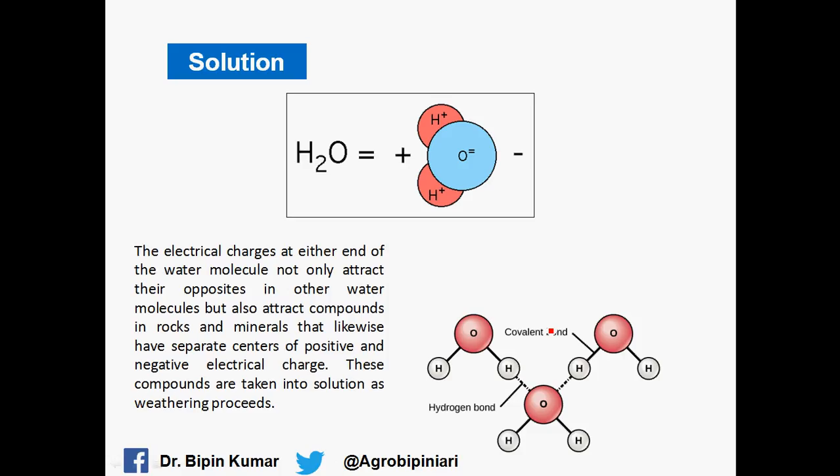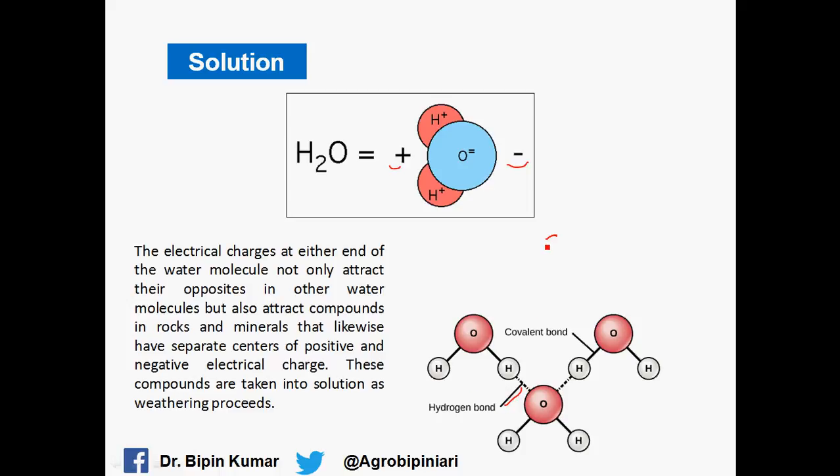Other is the solution. We know that water behaves as a dipole because of its two types of valency, one positive and the other negative. Because of its dipolar nature, it is naturally one of the best solvents. And if you see here, the water molecule itself is bonded with other water molecules by hydrogen bonding.